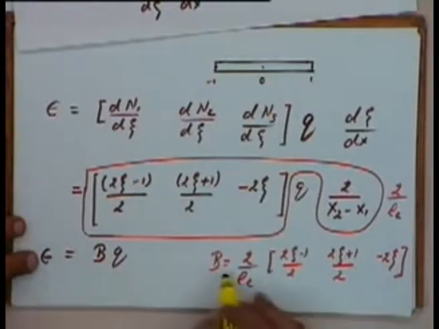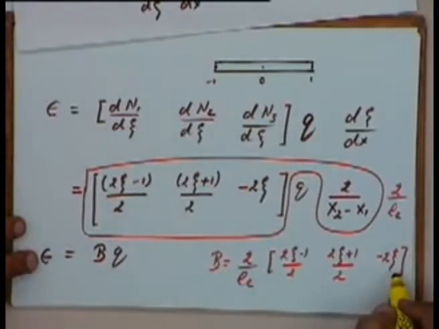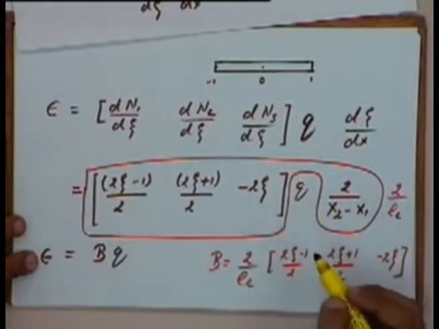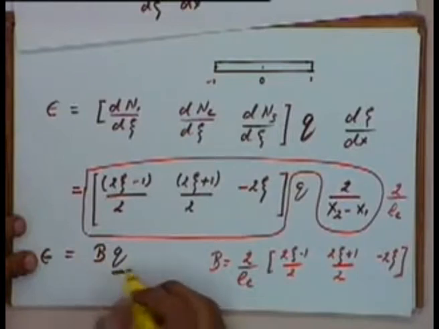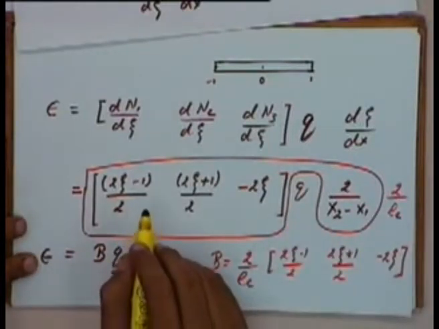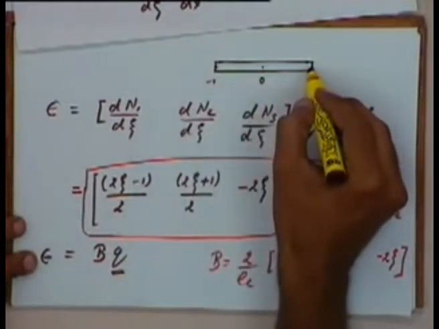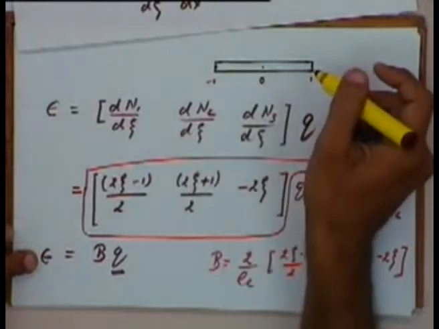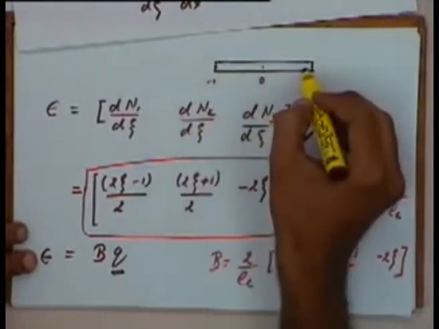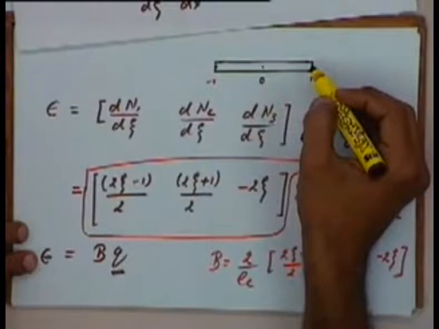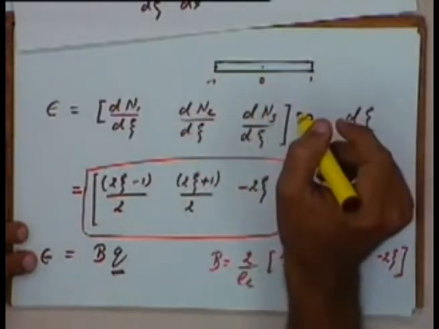So this strain is going to vary within this element as a linear combination of q1, q2 and q3, the three parameters here. While in the previous case, when we were taking linear shape functions, the strain within the element was constant. So those are the constant strain elements. In this case the strain is not constant but is going to vary linearly, as a linear combination of these three.